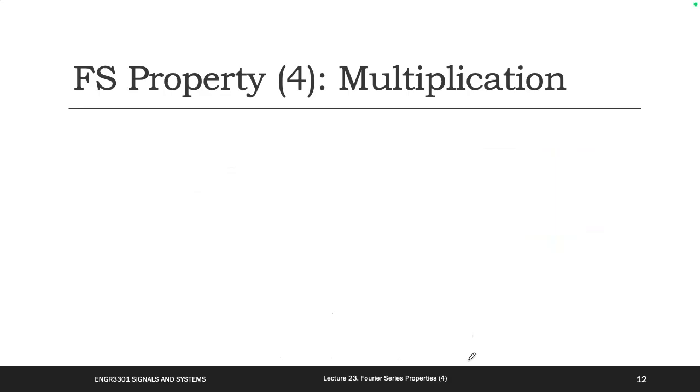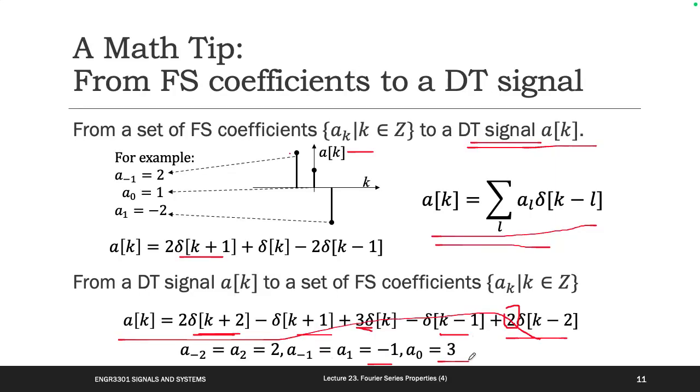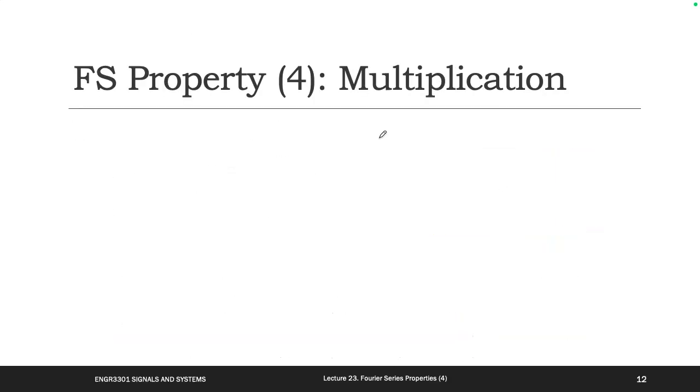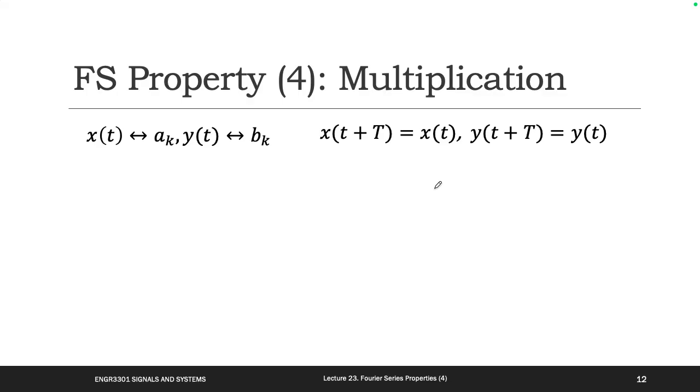Okay. And then based on this, let's talk about the multiplication properties. For the multiplication properties, it's a similar thing. We have two different signals, XT and YT, and the FS coefficients are AK and BK. Since those two signals are periodic, they have these properties.